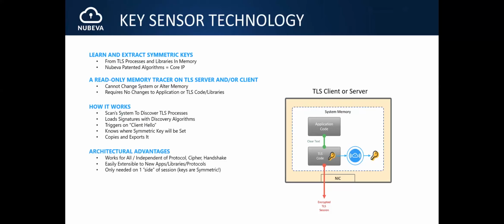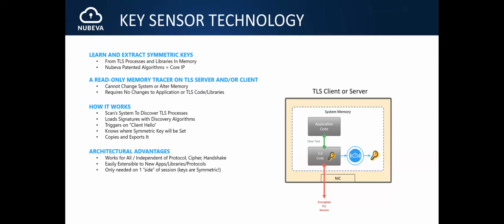And the beauty of this architecture is it works regardless of protocol. It works with TLS 1.3. It actually can capture all the interim keys that decrypt the handshake itself, as well as the final secrets. It can actually work against legacy TLS 1.2 with PFS, doesn't matter the cipher, handshake, et cetera. This works across libraries and protocols, and it's extensible.